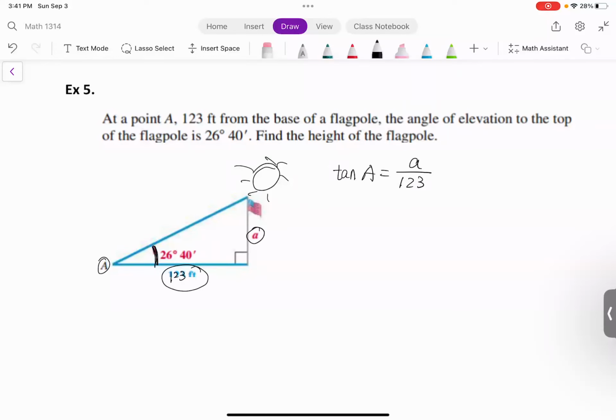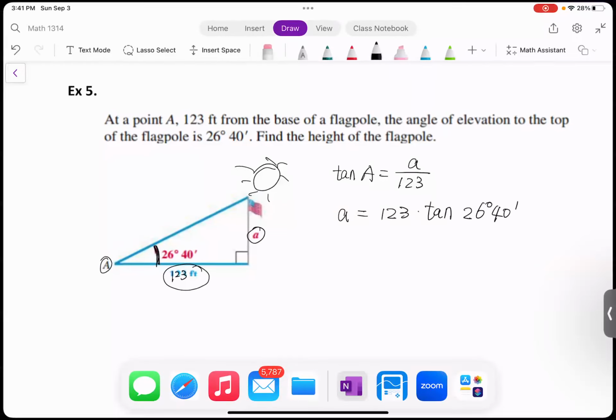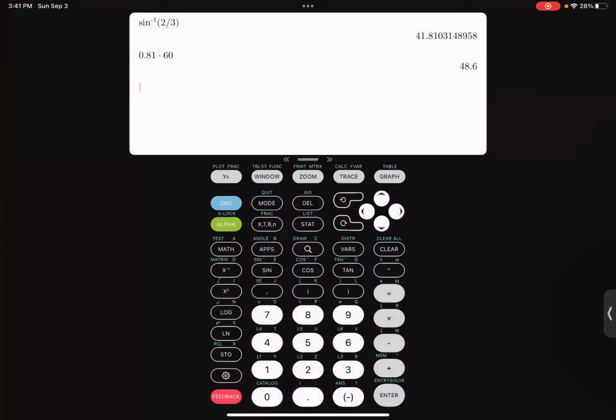Then I'm looking for the A. So both sides multiplied by 123. A equals 123 times tangent A. Tangent A is tangent of 26 degrees, 40 minutes. So let's use our calculator to find this. We have 123 times tangent. What is the angle?